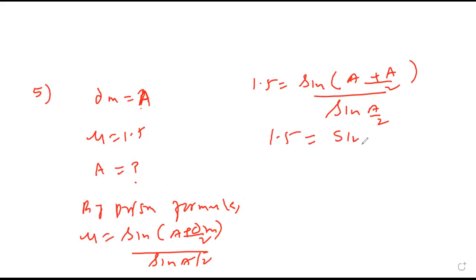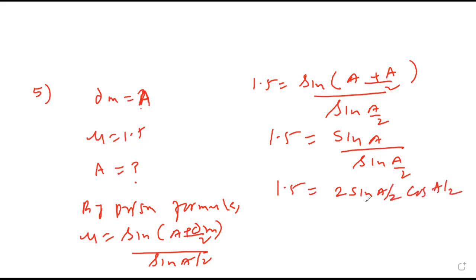The numerator will become sine of A, the denominator sine A by 2. Sine A means 2 sine A by 2 cos A by 2 upon sine A by 2. Sine A by 2 cancels. 0.75 is cos A by 2.